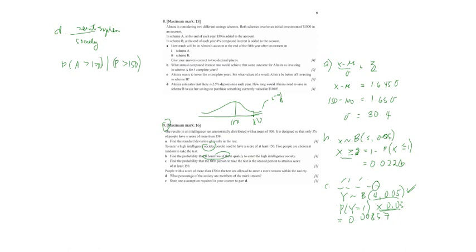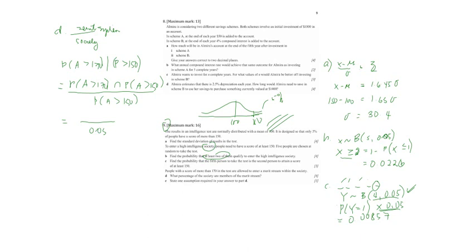Of course, you won't be getting people included in the merit system if they do not belong to the intelligence society. So this is the same as the probability of A greater than 170 intersection A greater than 150, over the probability of A greater than 150. This is the formula. We already know that the probability of A greater than 150 is 0.05, as shown here.